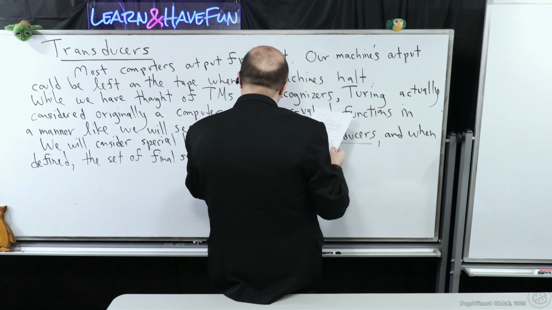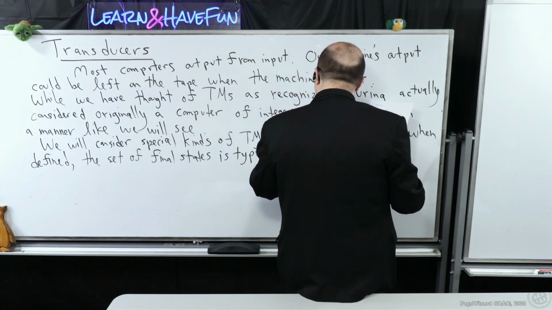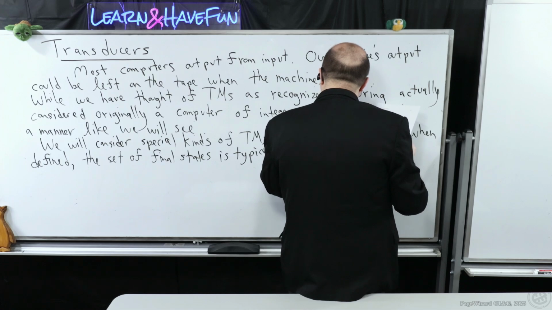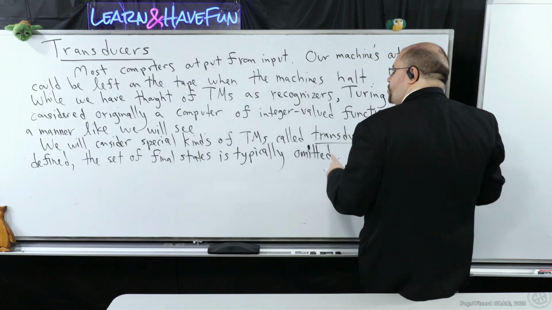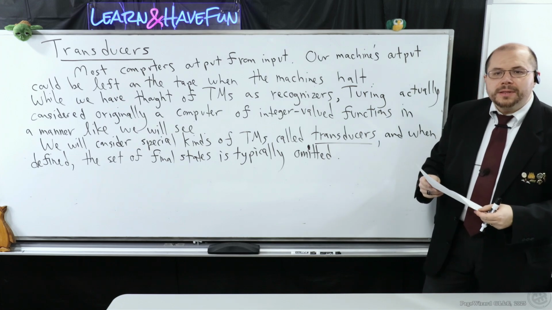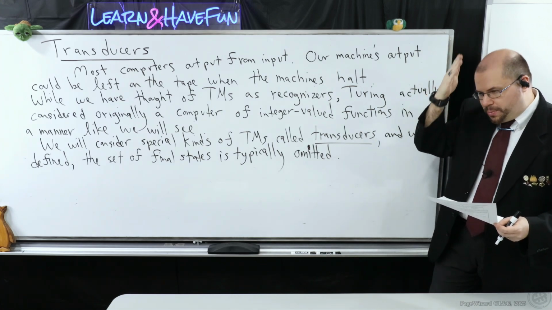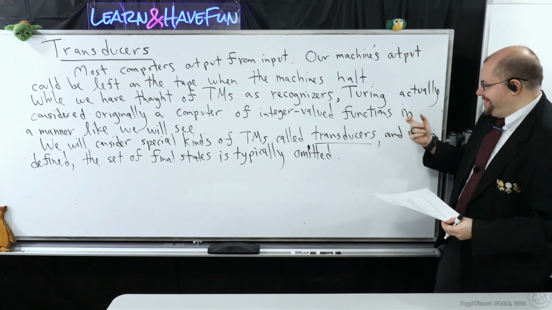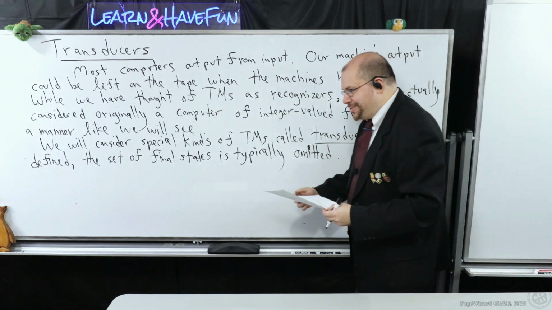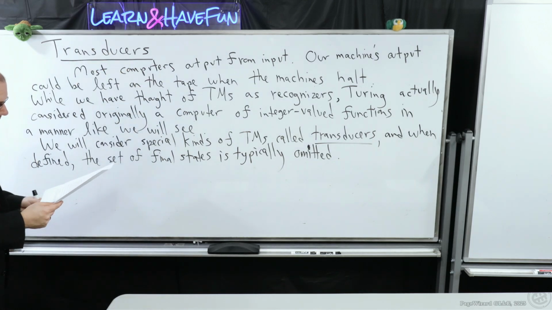We just want to do some processing, but that processing needs to finish at some point for the transducer. You know how I gave you a 7-tuple? You're going to think of this as a 6-tuple. You're just going to chop off the last object, which is the set of final states. So if you start seeing 6 instead of 7, that's why. We don't care about accepting and rejecting.